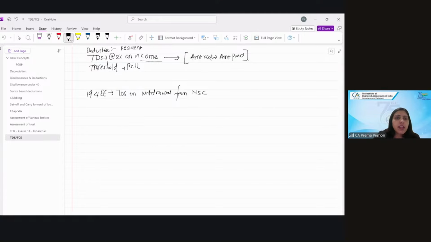TDS is 10%. Threshold is 2,500. Clear, students? Very simple section.